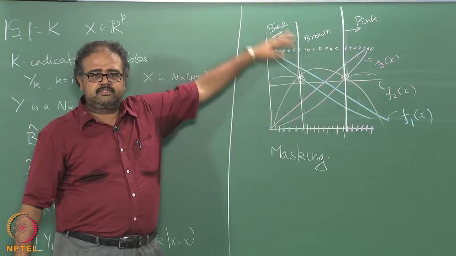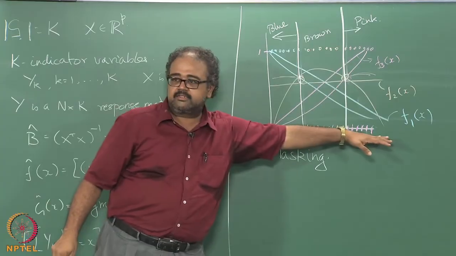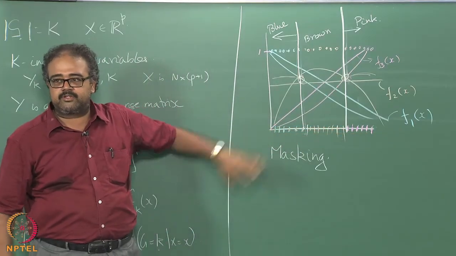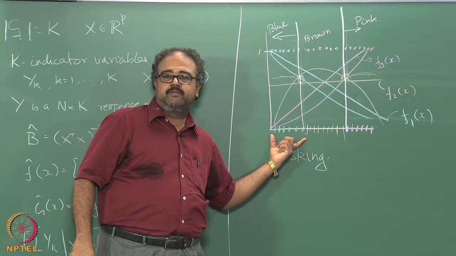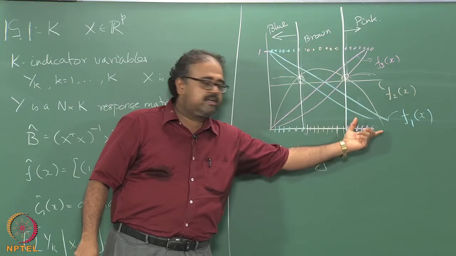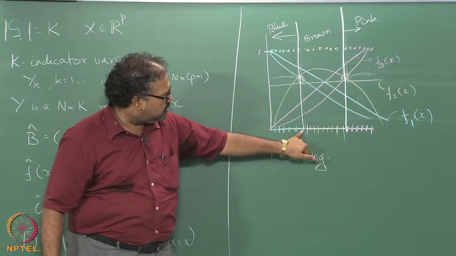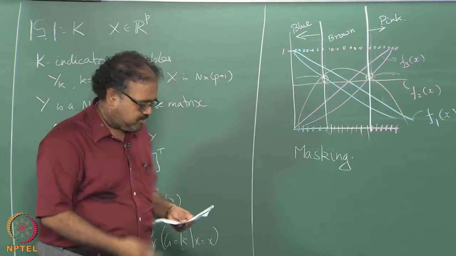So here this is the output, whatever is going up is the output. So the input is only on this line. It's just a single dimensional input. So there is no region per se, it's only a line segment here. So in this part of the input space it will be blue, this part it will be brown, in this part it will be pink. Right. It's almost ideal, except there is a small error here. That's a drawing error.